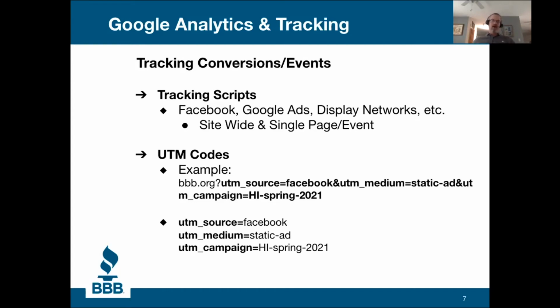The other part of tracking for conversions is the idea of a UTM code. This is essentially a query string at the end of the URL that tells Google Analytics where this traffic came from, specifically the campaign. You can go into your Google Analytics and know that you got 100 visitors from Facebook, but it's very difficult, if you don't use UTM codes, to know whether this click came from an ad we ran or from an organic post.